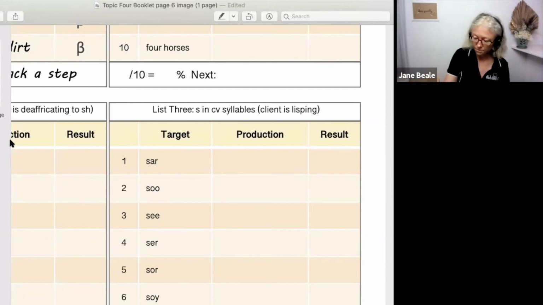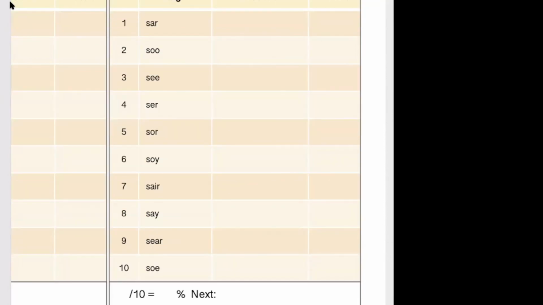Fur. 5. Saw. 6. Soy. 7. Sare. 8. Fay. 9. Seer. 10. Though.